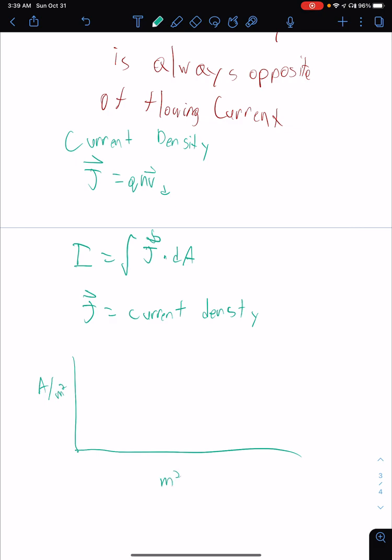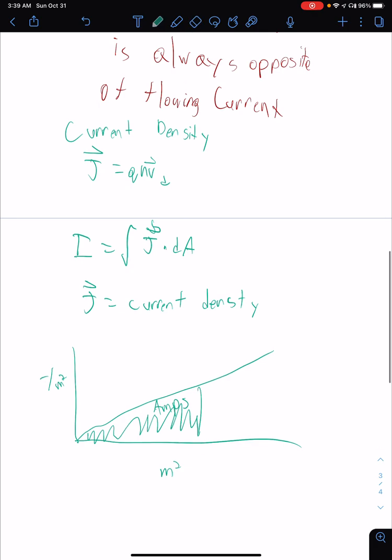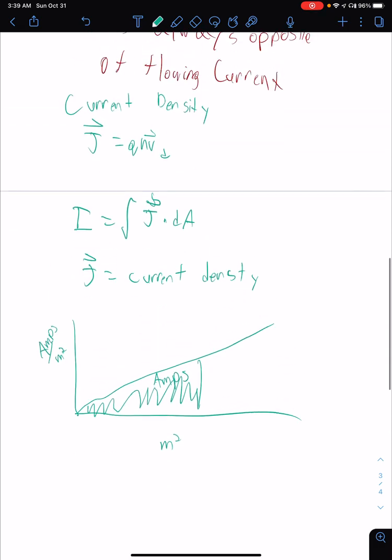If you take our little chart, the area underneath this is going to be whatever our amps is, which explains the integral in nice, easy fashion.